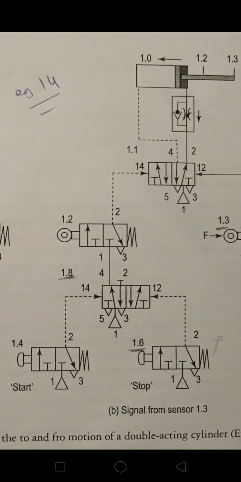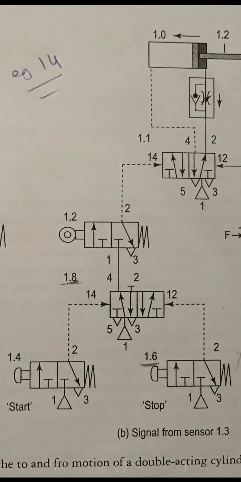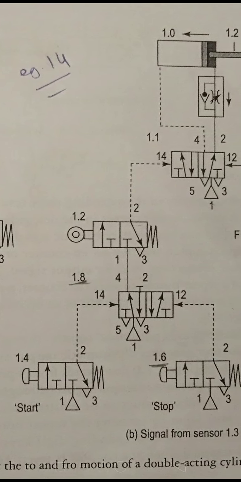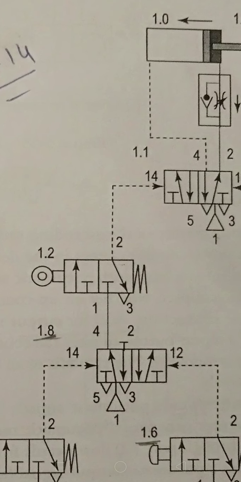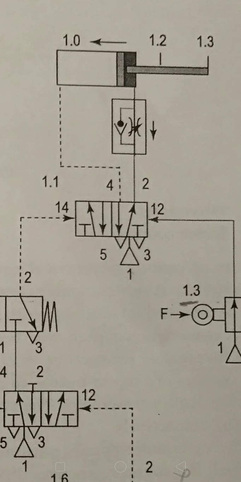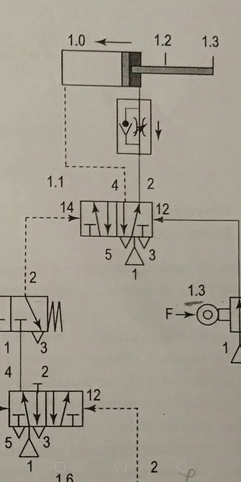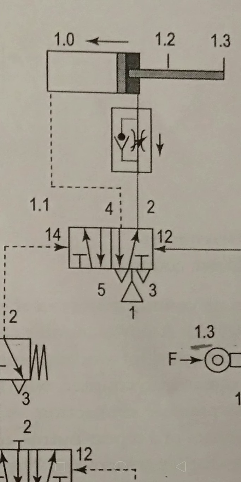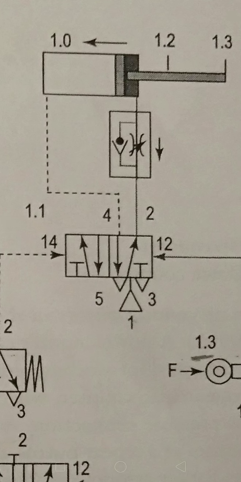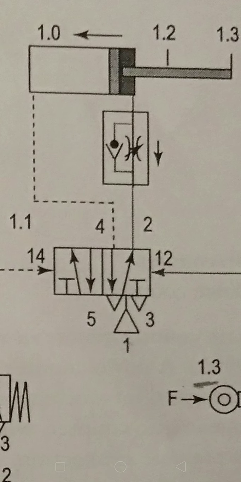It will reach 1.2, then it will reach 1.3. When it reaches 1.3, from the right side of the piston, the flow will go like this at 0.2, right?